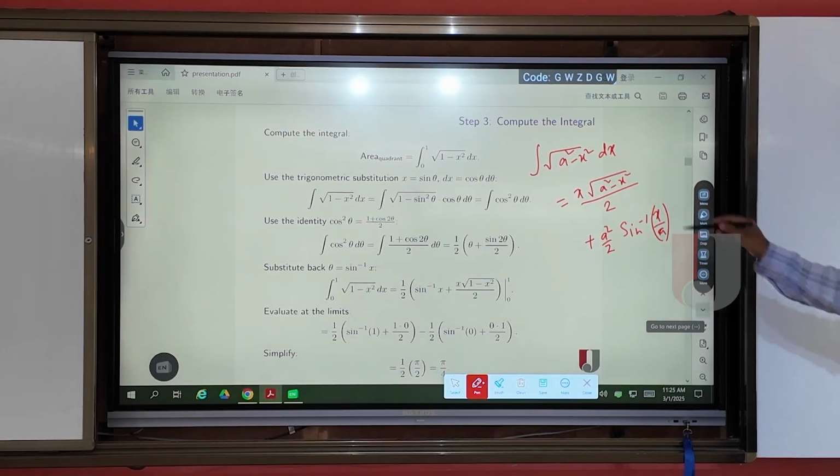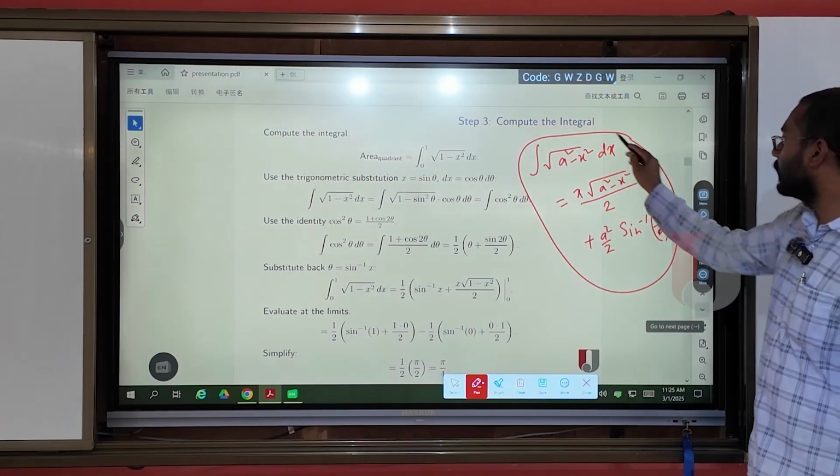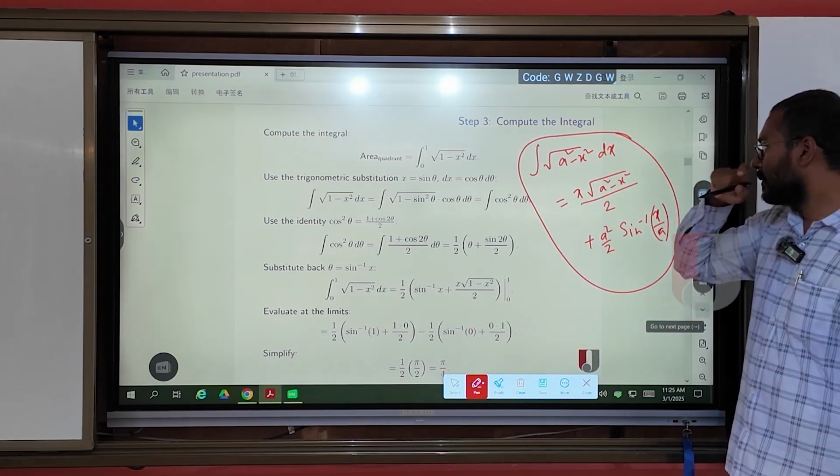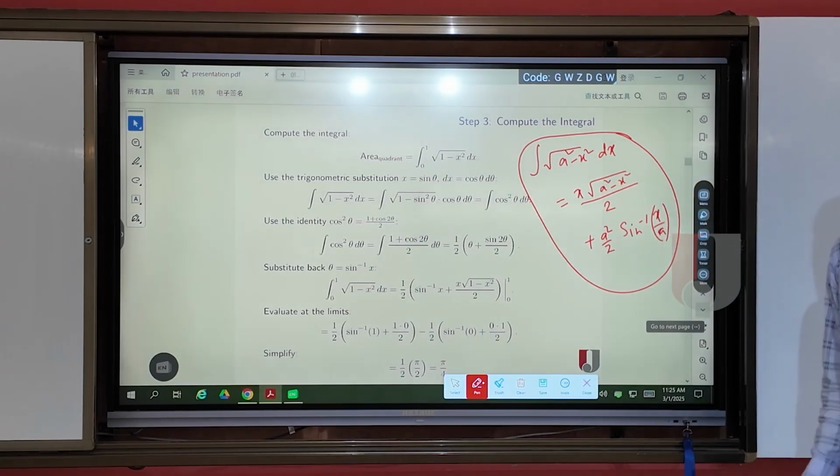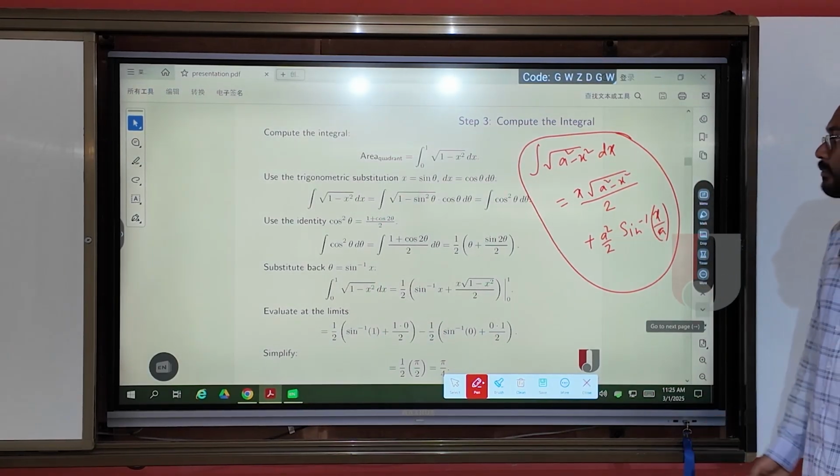By that formula also we can solve that problem. Here a is 1. So using this formula you can solve that problem.